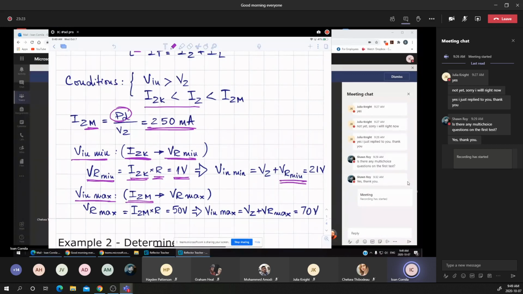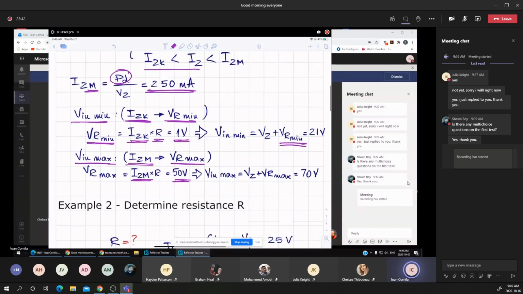Knowing the maximum current and the resistance R, we have to determine the V_R max, or the maximum voltage drop across the resistance R. The maximum voltage drop, which is the I_Z max multiplied by the resistance, gives you 50 volts. Knowing the maximum voltage drop due to the maximum current that can flow through the circuit, we can determine the maximum input voltage as 70 volts.